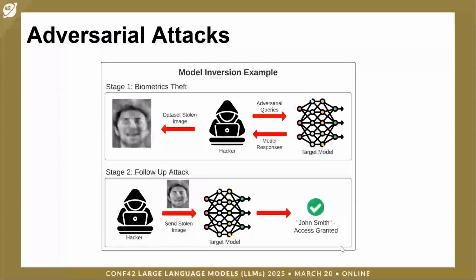This analysis helps them infer sensitive details about the data the model was trained on. For example, by observing how the model reacts to different input patterns, attackers can deduce features or even reconstruct portions of the original training dataset.